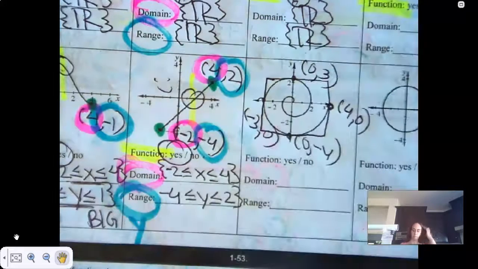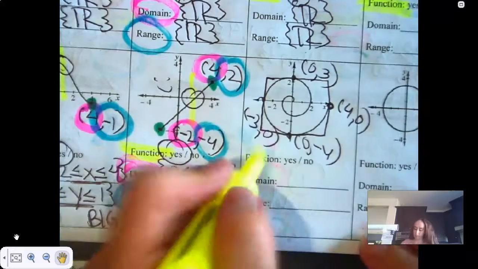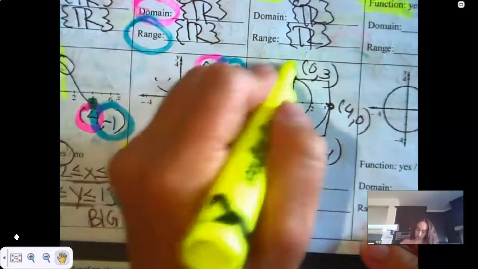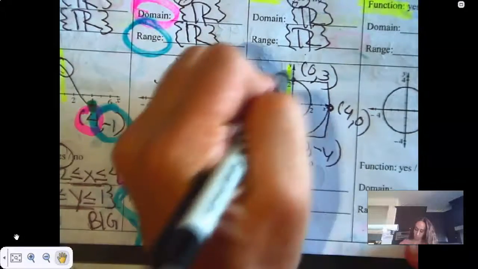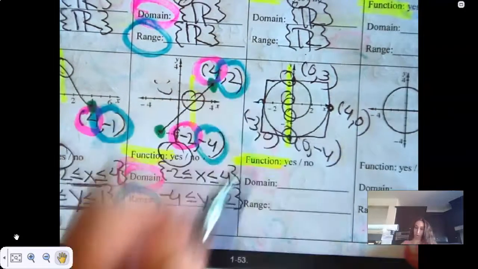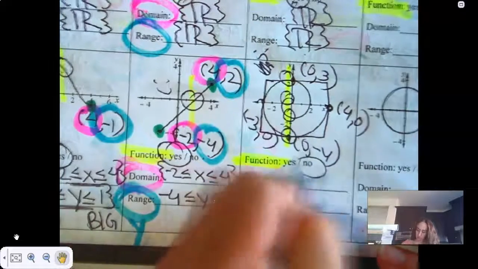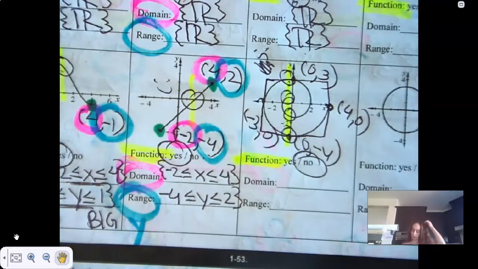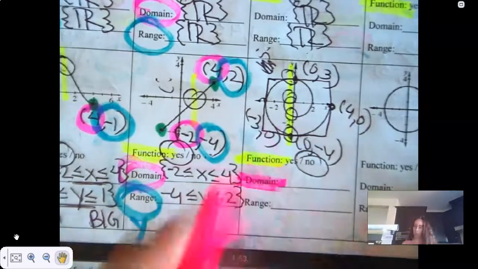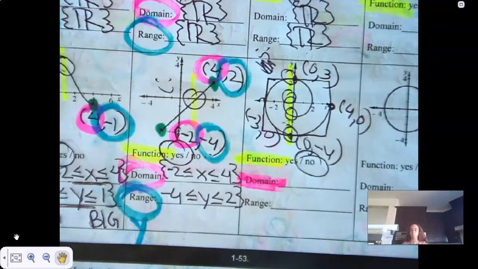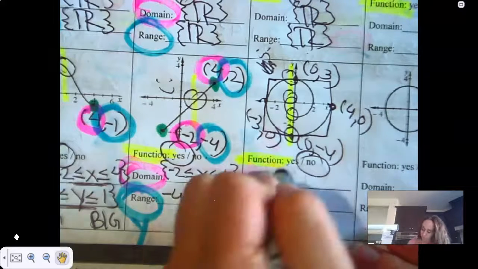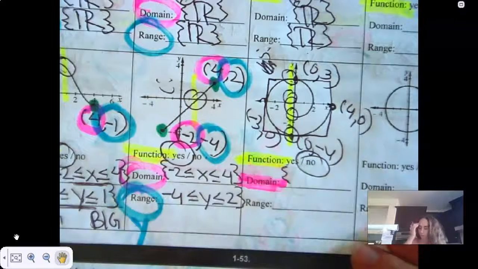Okay. Now, is it a function? 1, 2, 3, 4. Am I happy or am I sad? I'm sad. Boom, it's a no. Okay, domain. This is a hard one, okay? So let me put it in set notation, okay?